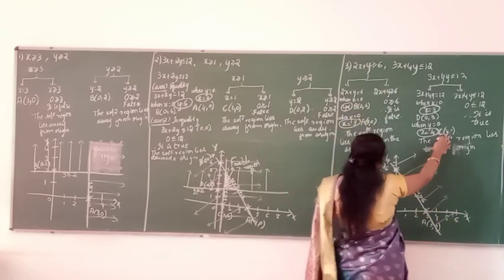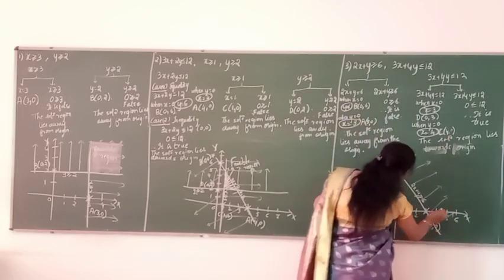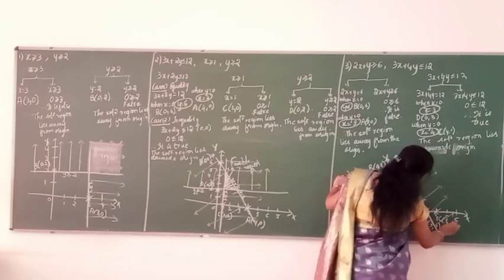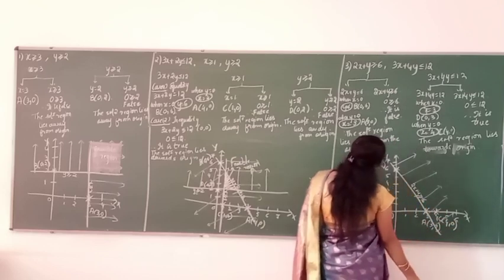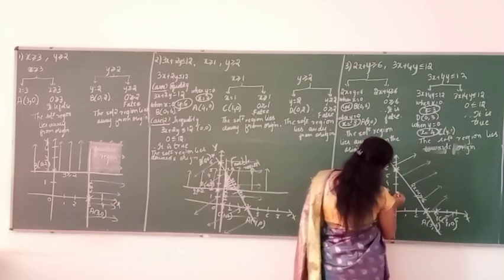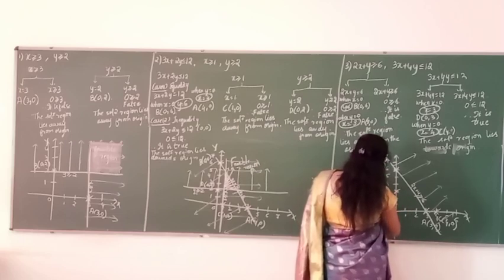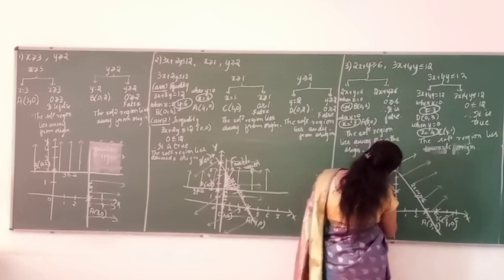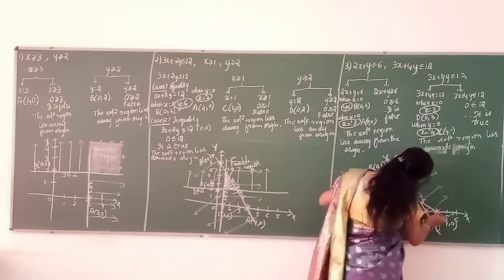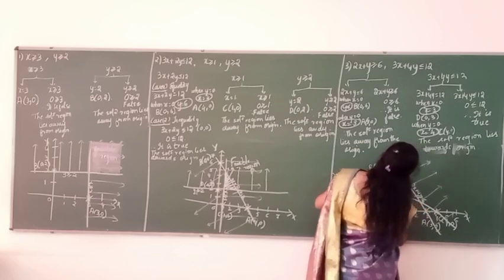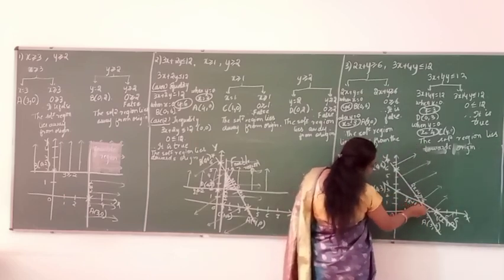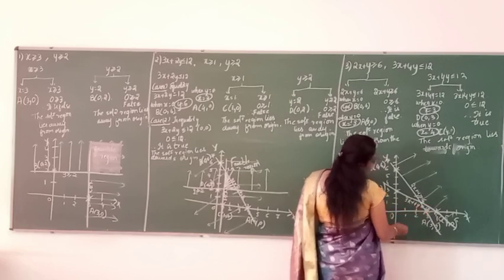And next one, C is what? 4 comma 0. And D is what? 0 comma 3. And just check out with the inequality, it is a bounded line. So you can write it here, 3x plus 4y is less than or equal to 12.